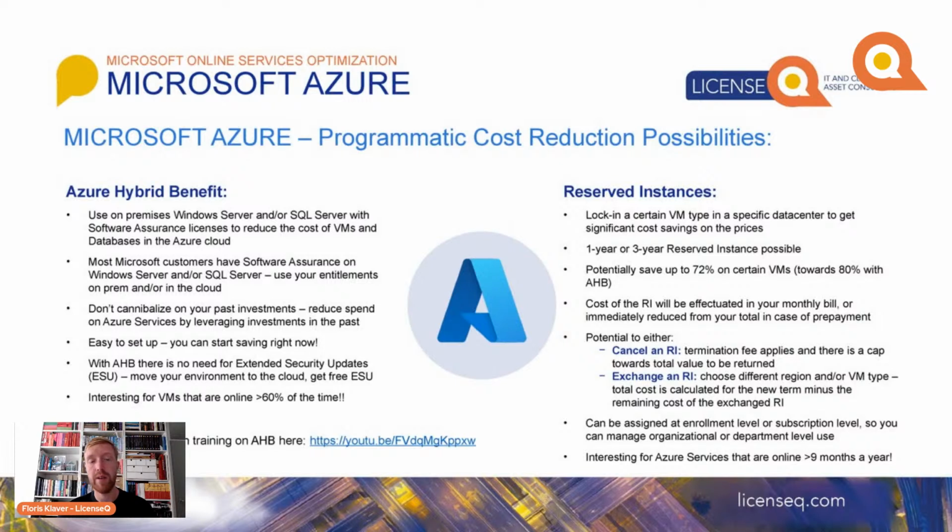And they've done so because they don't really want to cannibalize on the past investments that you have done. And they don't want you to cannibalize on those investments by reducing this from your contract and moving towards Azure consumption.